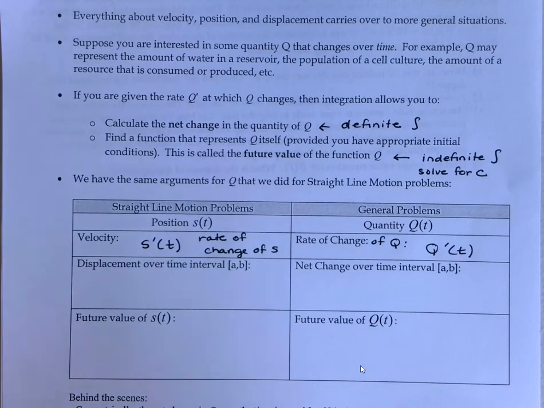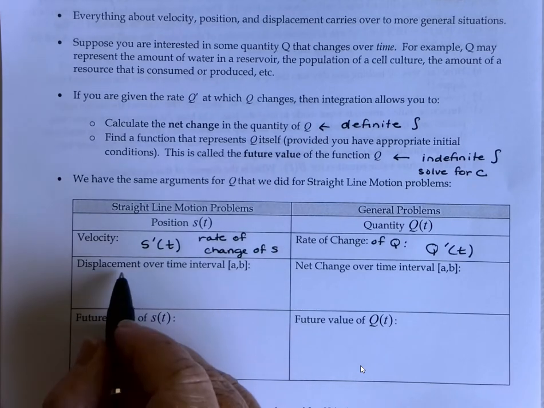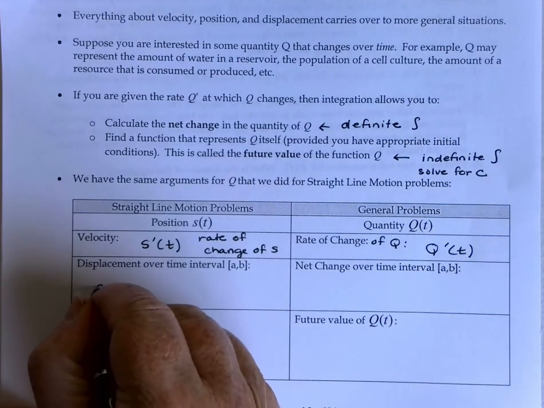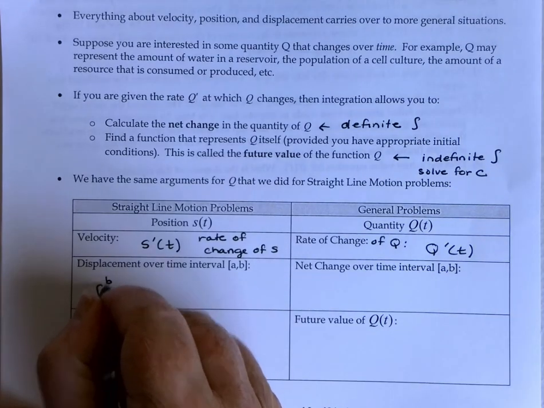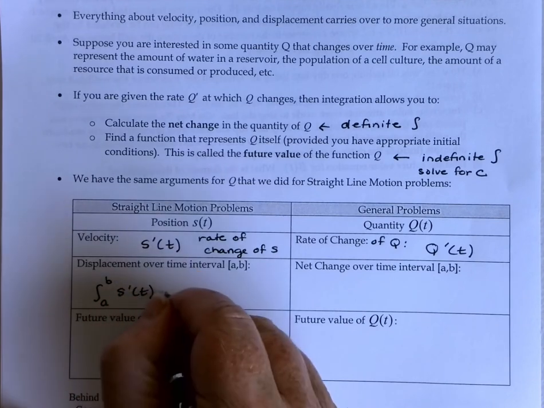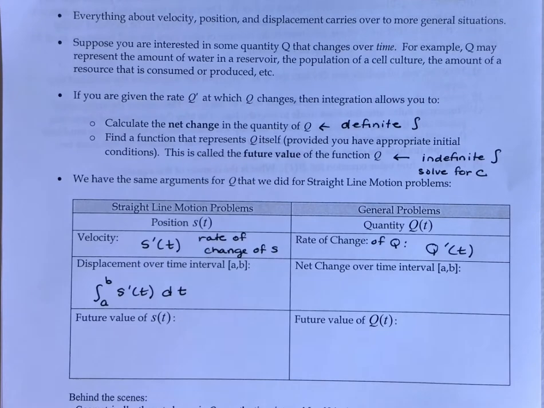All right, let's think back to what we were just doing with displacement. With displacement, we allowed the signs, the positives and the negatives, to be whatever they were, and we just went ahead and integrated from start time to end time. And we integrated our velocity function, or our derivative, S prime of t, dt.